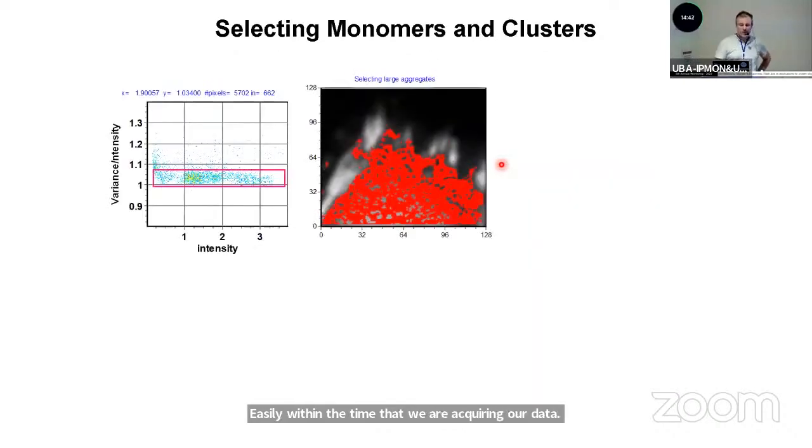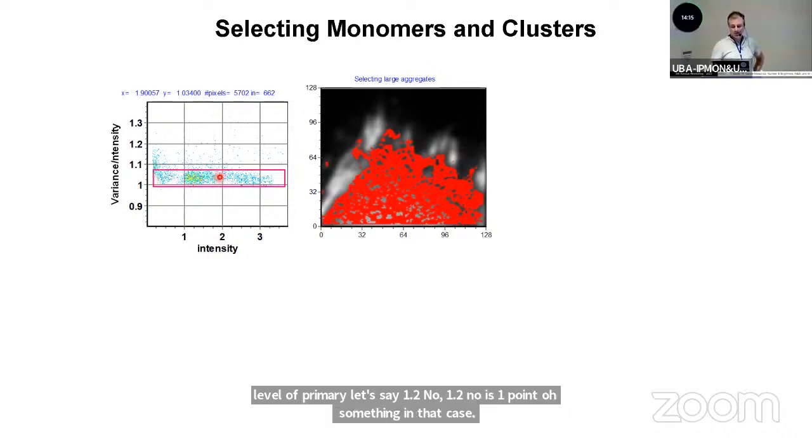So if we go to our plot, the variance versus intensity, we can set what is the monomer, and then do the calibration, right? We calibrate our experiment measuring EGFP free in the cell, and we obtain this level of brightness, let's say 1.0 something in that case, right?